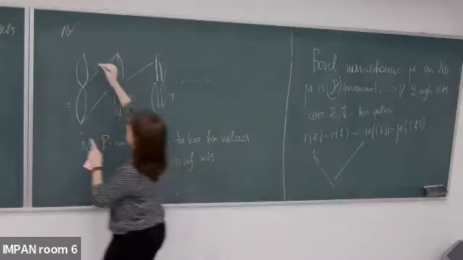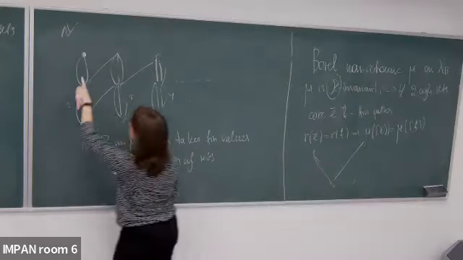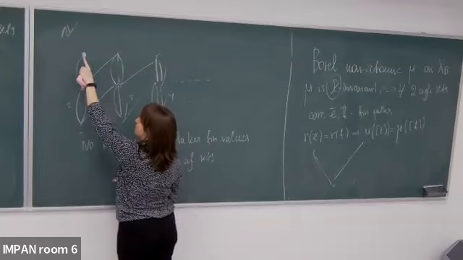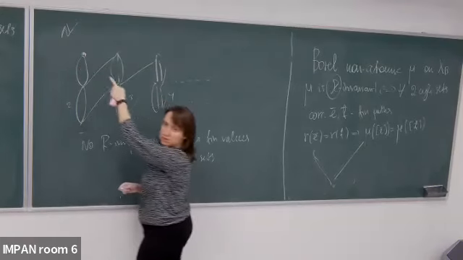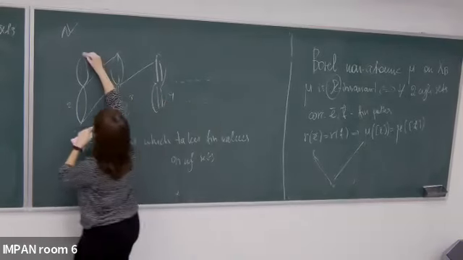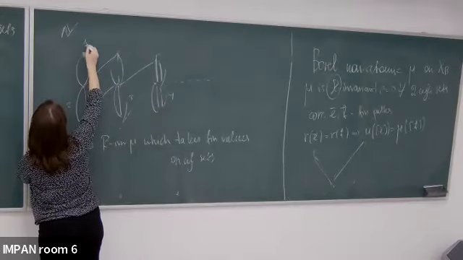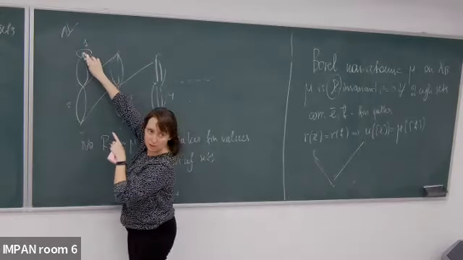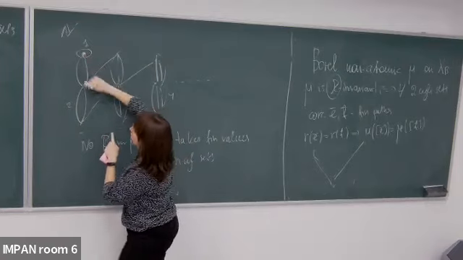Suppose it takes a finite, without loss of generality positive, value on this cylinder set. We can normalize the measure such that the measure of this cylinder set is 1. Then our measure is stable.